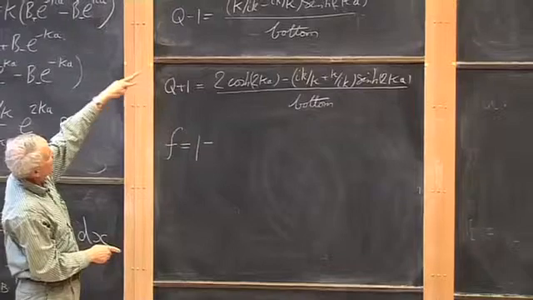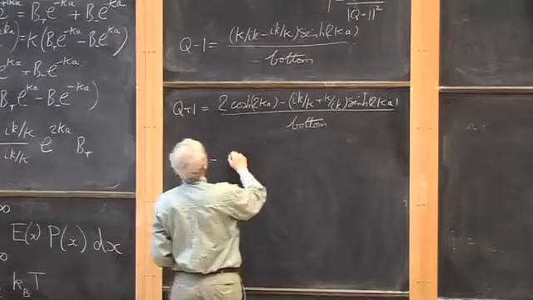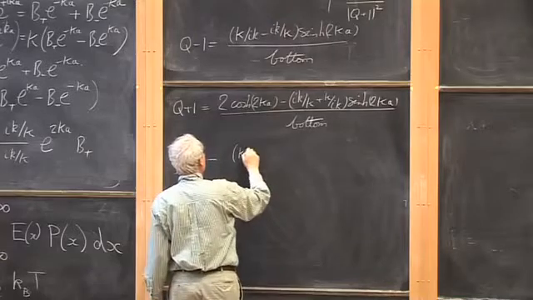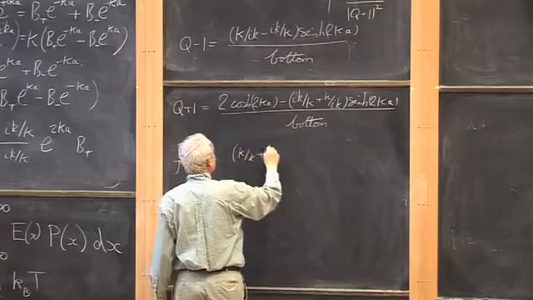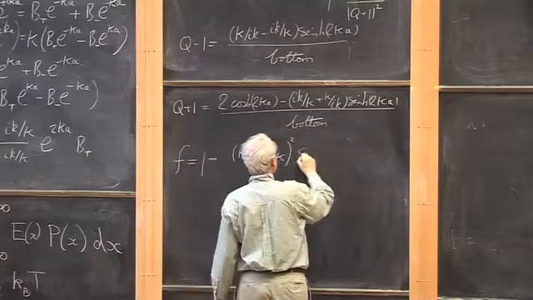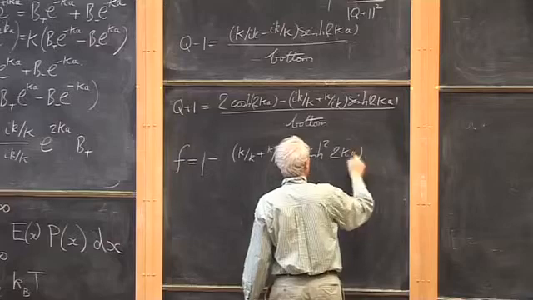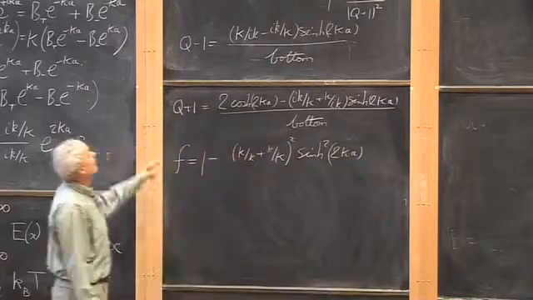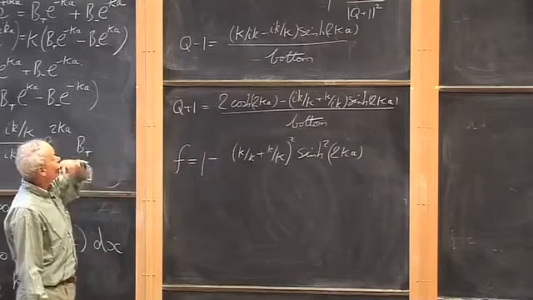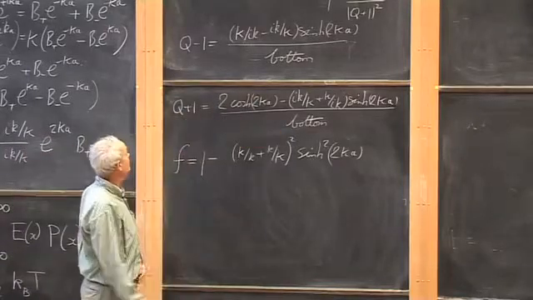We should take out an i from that bracket, and then we will find we're staring at k over k plus k over k, squared, times sinh squared 2ka. So that's q minus 1 mod squared as regards the top. The bottom we're not interested in because it's going to cancel with the other bottom.